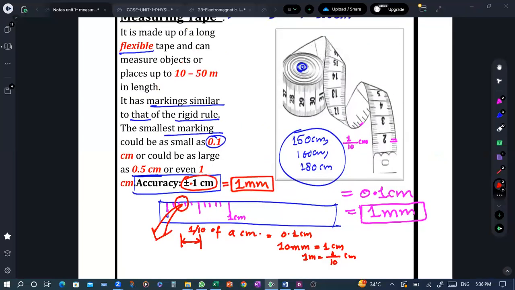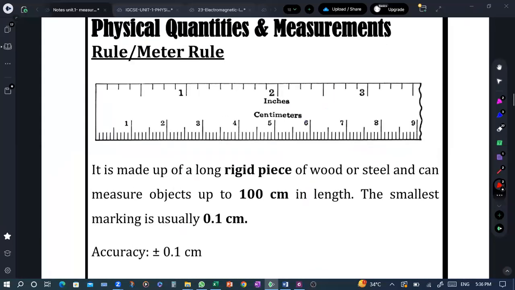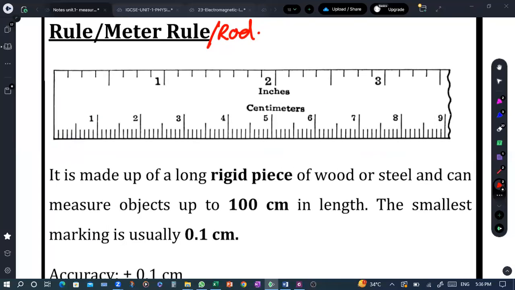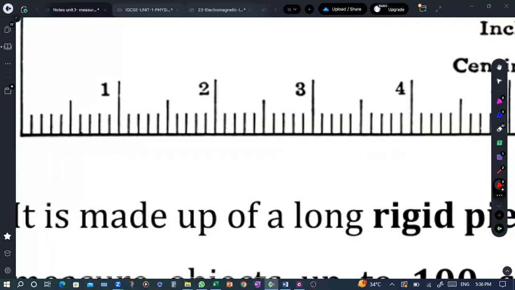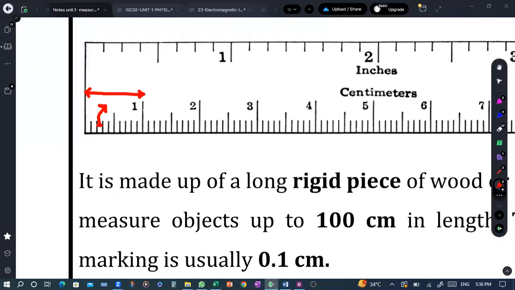Yes, sir. Okay. Then we have a meter rod, or meter rule, usually called a rod. This is the picture I wanted to share on the screen. This is a 1 centimeter space, and in that space, this gap is the least value that can be measured, because in between the gap you don't have any reading.